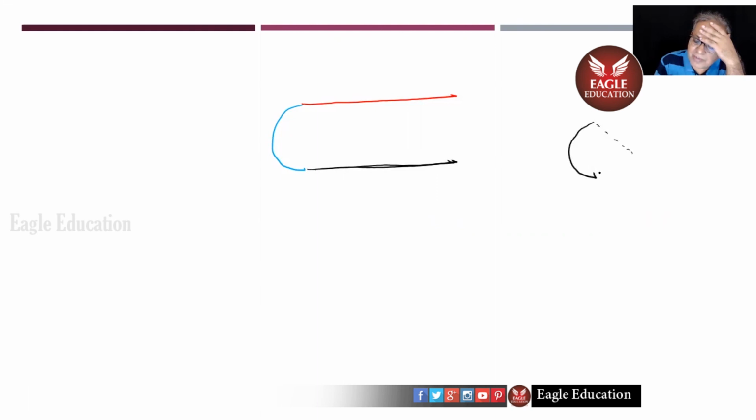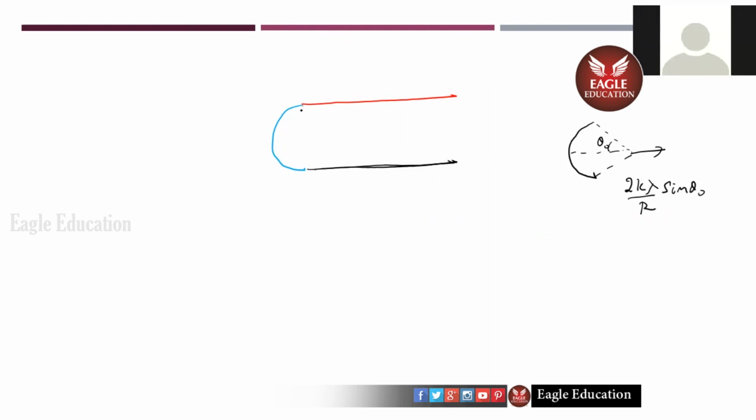For the sake of remembering, I said if this is theta naught, E will be 2k lambda by R sine theta naught, we told, right? Yes, sir, 2k lambda by R for the semicircle. Yeah, it will be 2k lambda by R this way, because of positive charge, away.